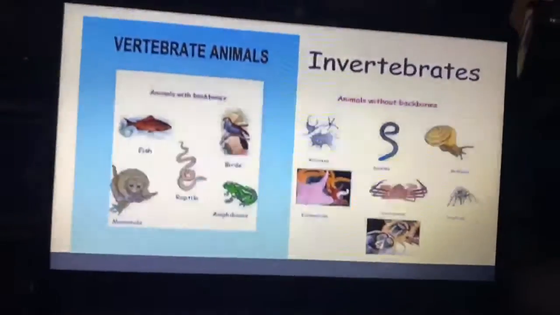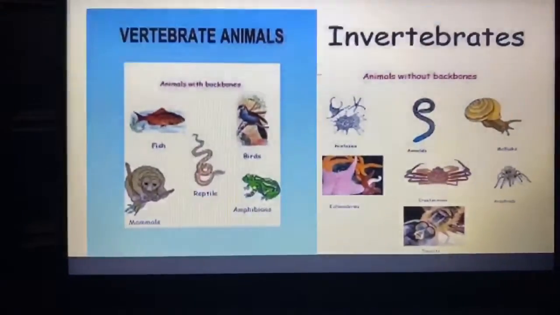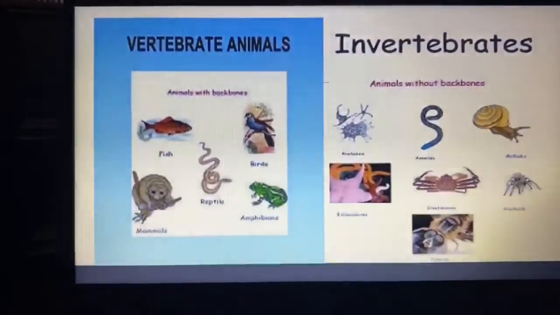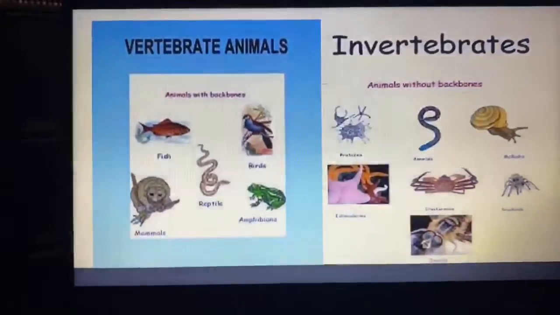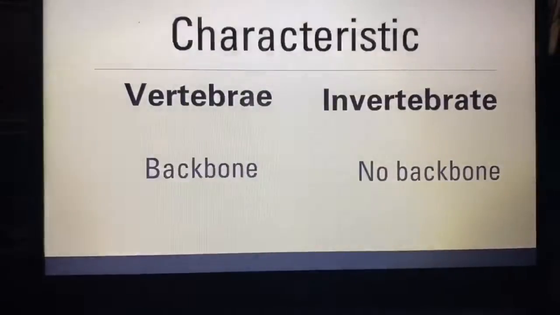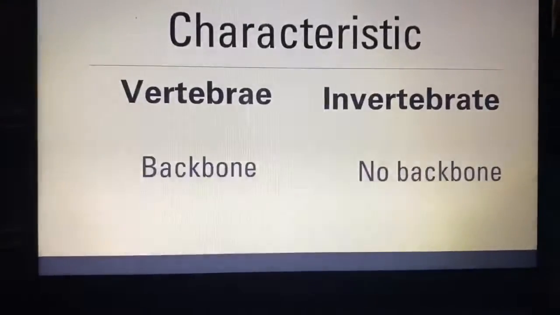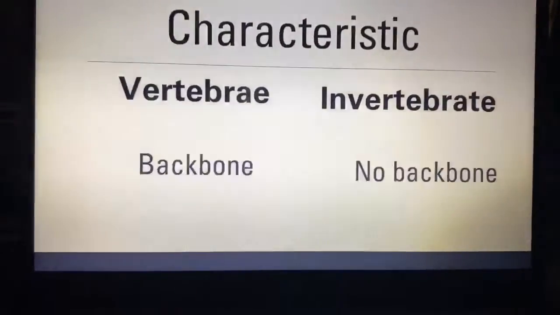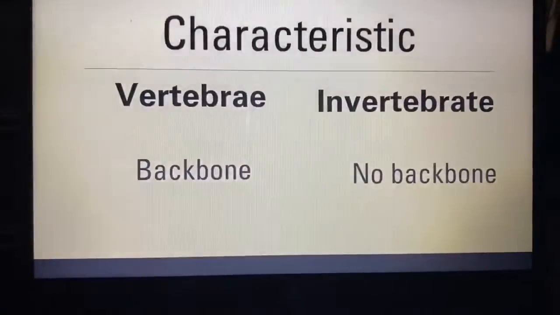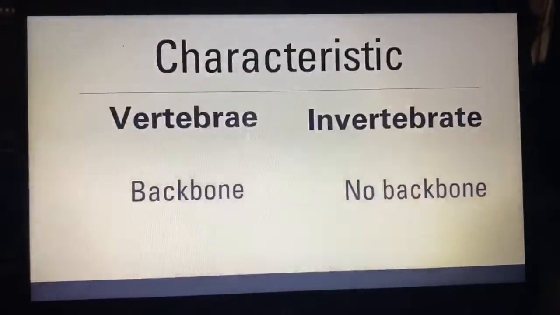So these are some of the animals that we already know that we can put into the appropriate groups. But we need to do further investigation, finding evidence and information, so we can use it inside of our paper. And as we said, vertebrates have a backbone. Invertebrates don't have a backbone. So with this lesson, we're going to use all of this text, information, and evidence that we gather to write a paper.